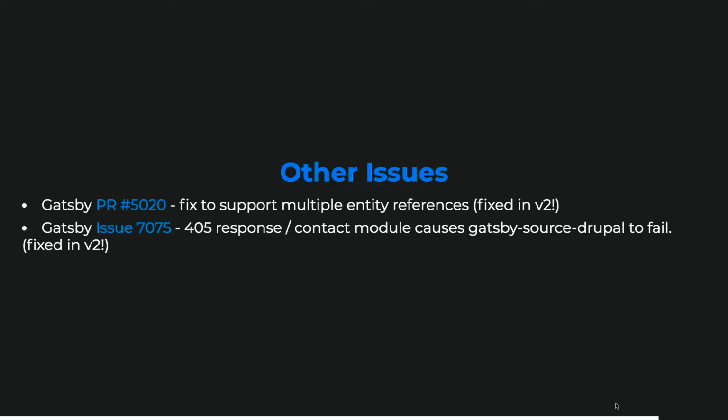And then another thing that came up recently is with the contact module enabled, you'd get a 405 response back that was causing Gatsby-Source-Drupal to fail. I think that has also since been fixed, which is nice because that would probably get in the way of a handful of people trying out Gatsby with Drupal for the first time.